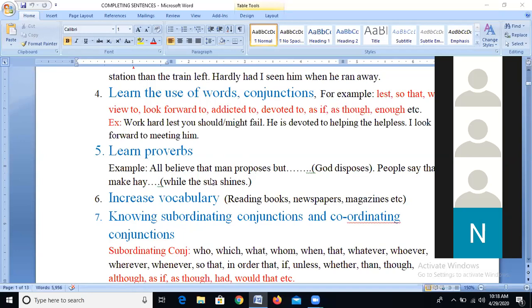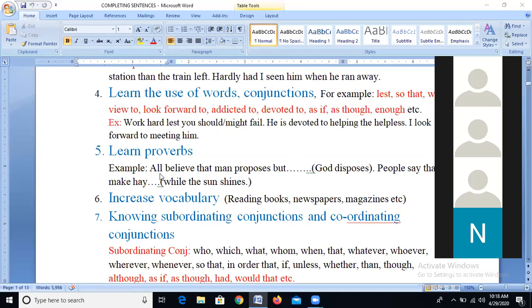All believe that man proposes, but then you may have a gap. What are you laughing at? So if you do not understand, or if verbs are not in your memory, then you cannot put here the correct one. Okay.